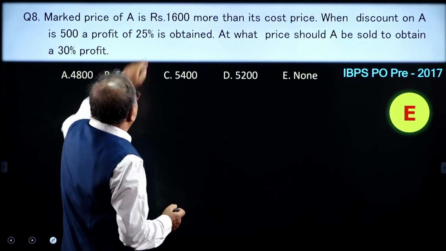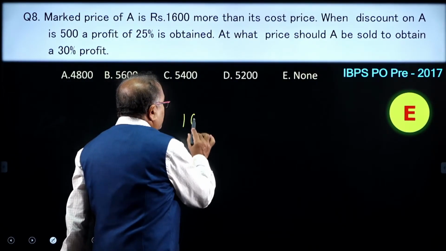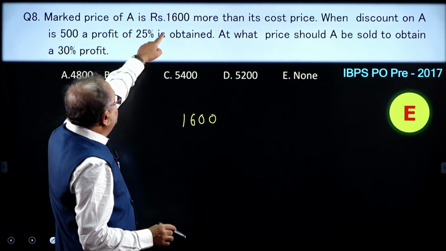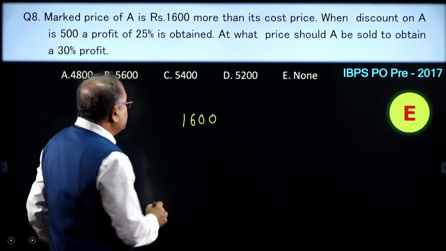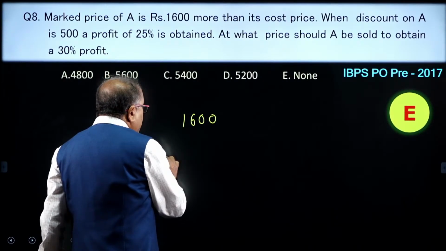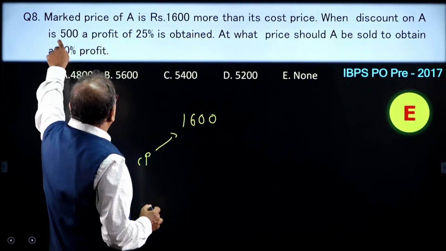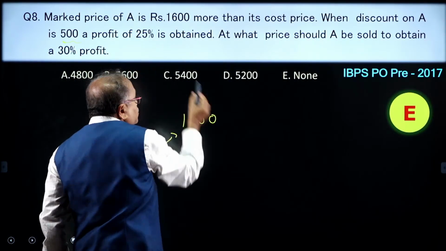So, what is this 1600? Just focus my friends, you have already worked out what is this 1600. The cost price is increased by 1600, and again how much discount is given? This 500 discount is given.